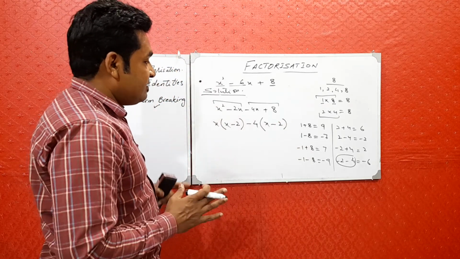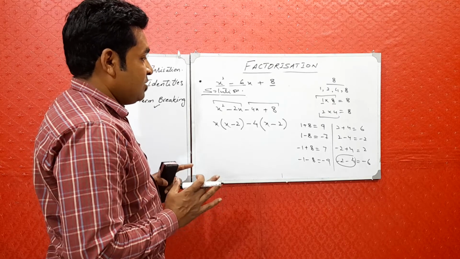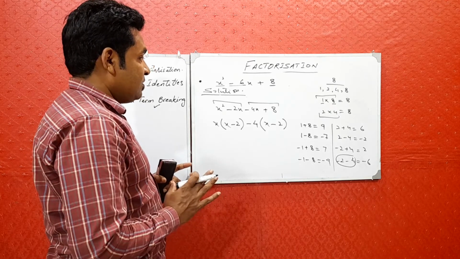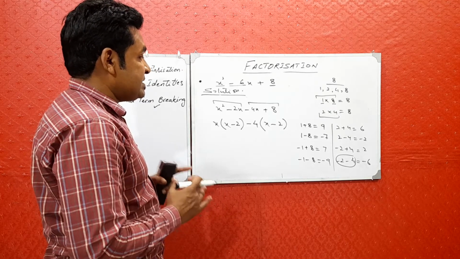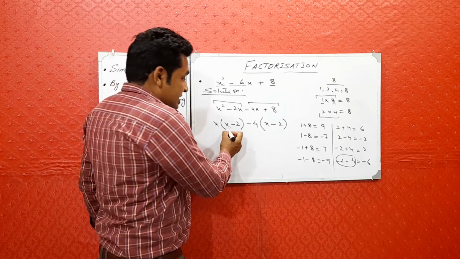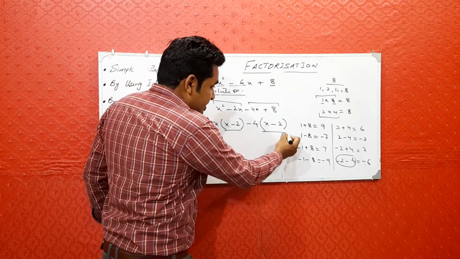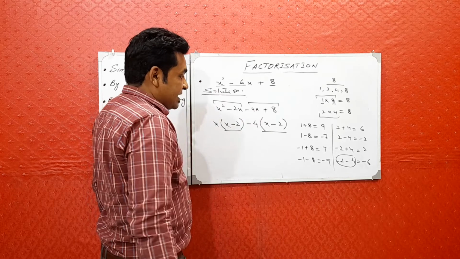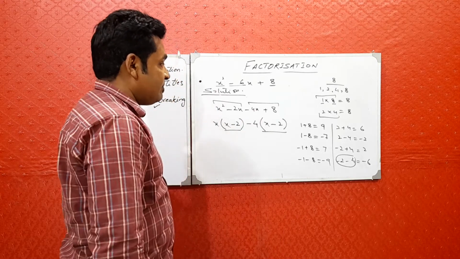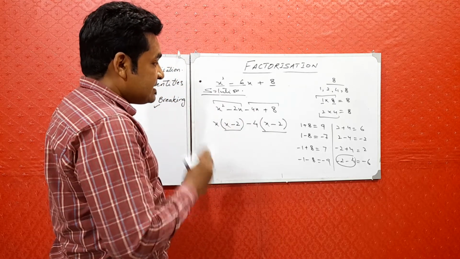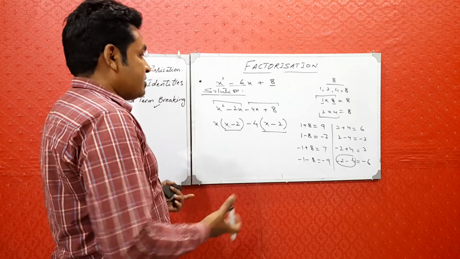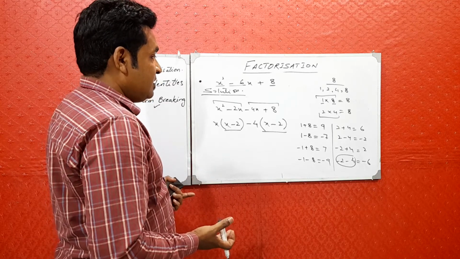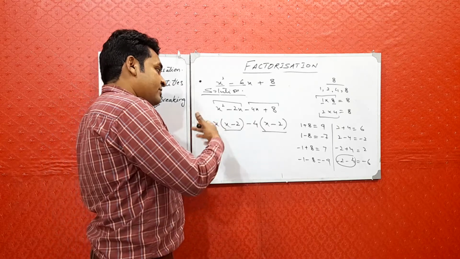Here the thing you have to focus on, and are not supposed to miss, is that the expressions written in these two brackets must be exactly the same, term wise, sign wise and order wise. If it is 2 minus x, you have to change the order.